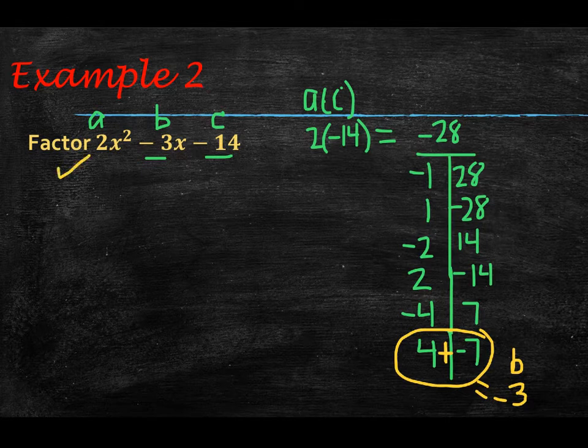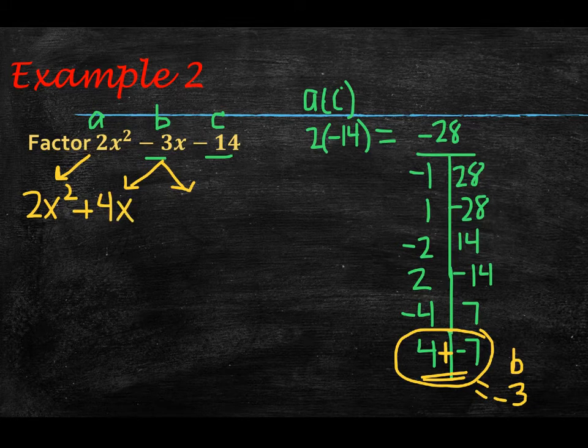We're going to bring down that first term, 2x squared. And then we split up the middle term into our factors that we just found right here. And you do want to put an x with it, so we have plus 4x and minus 7x. And then we bring down our minus 14.